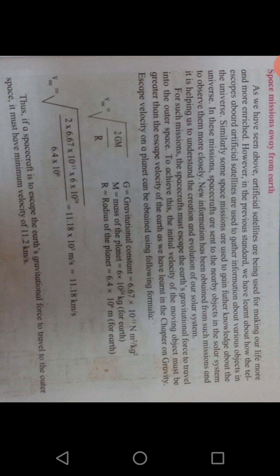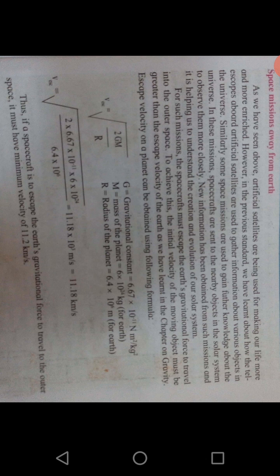After solving all these terms, we get the answer 11.18 into 10 raised to 3 meter per second. So it will be converted to kilometer per second. So it is 11.18 kilometer per second.